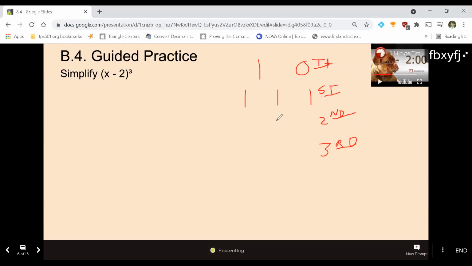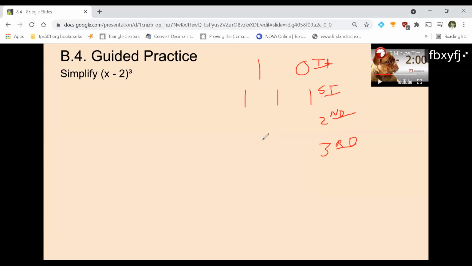All right, what is the second row in Pascal's triangle? 1, 2, 1. What's the third row in Pascal's triangle? Awesome job, Reagan. 1, 3, 3, 1. Okay, so we will use that to write our answer.